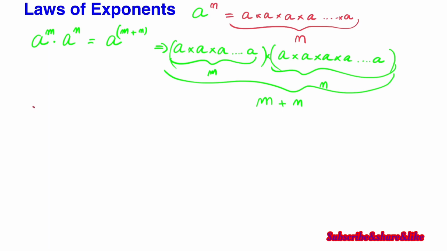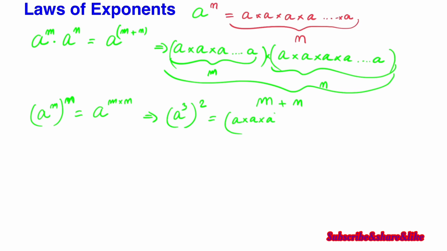And if we have a to the power m, all to the power n, it is just a to the m times n. To see how that works, let's use numbers. Let's say we have a to the 3, to the power 2.